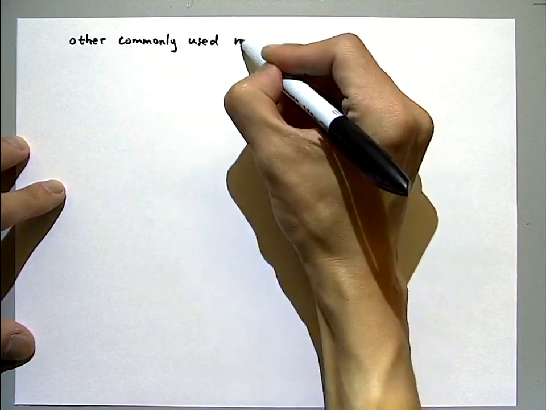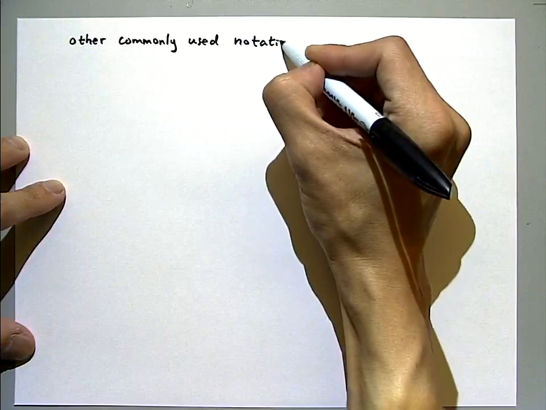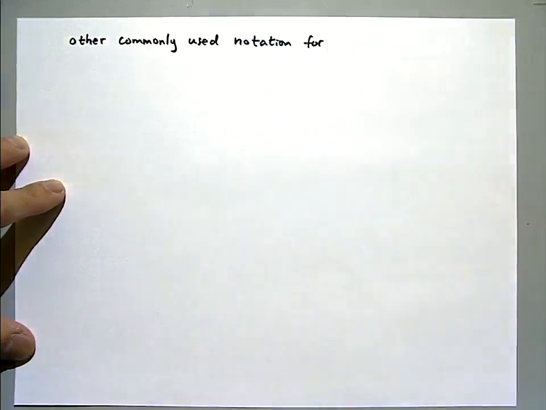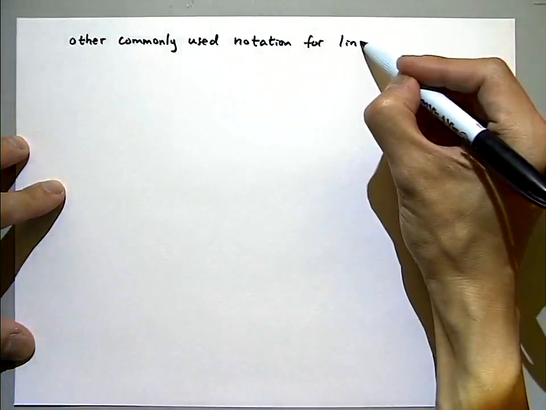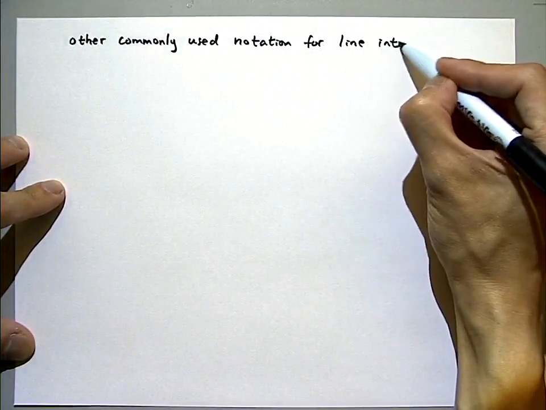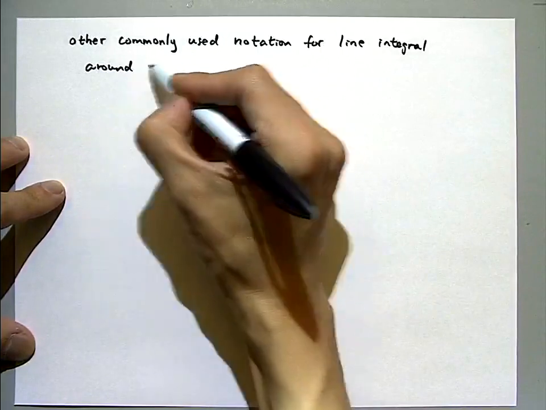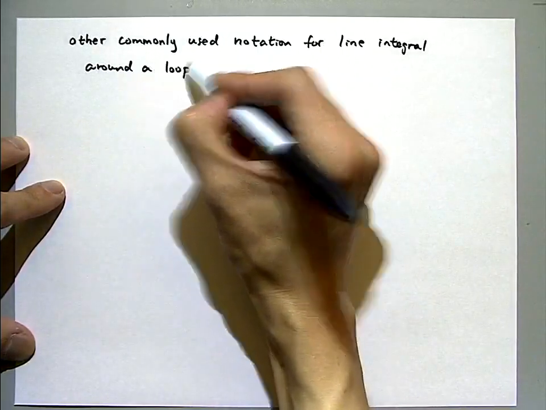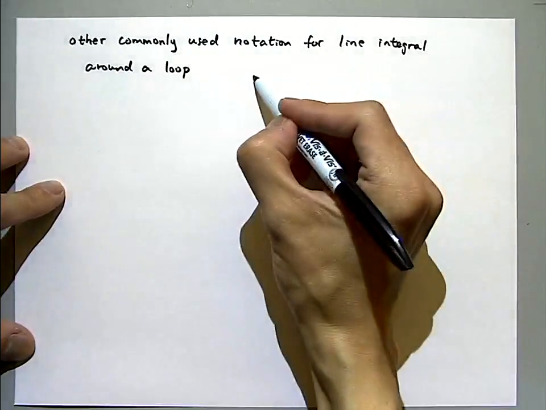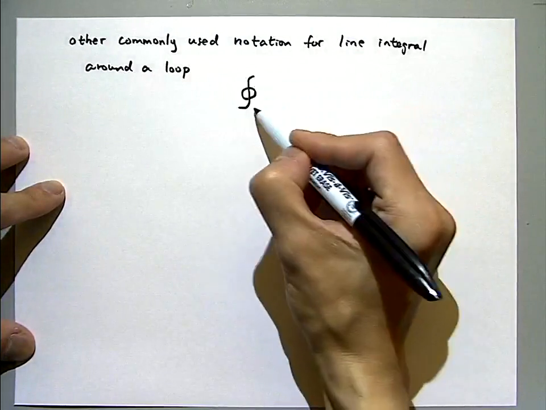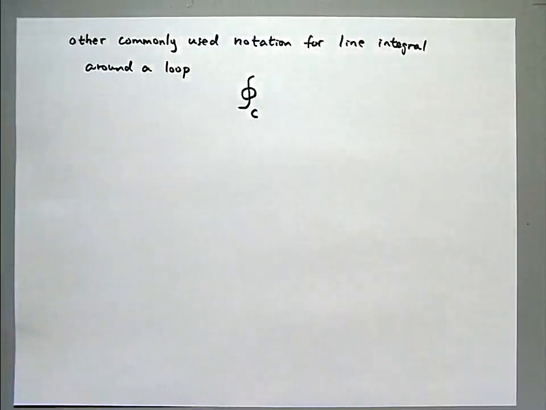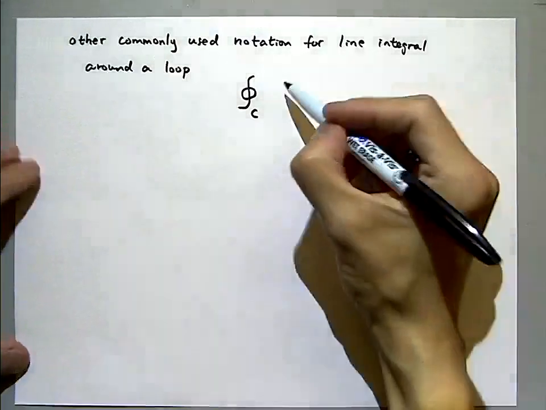There is other commonly used notation for a line integral around the loop. Sometimes you see this circle in the middle of the integration sign.